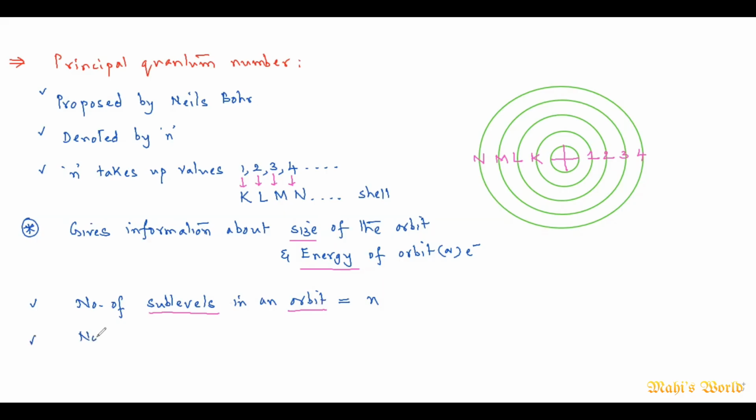Then coming to the number of orbitals in an orbit, it can be given by the formula n square. Next, the number of electrons that can be accommodated in an orbit can be given as 2n square. So you have to remember these things.